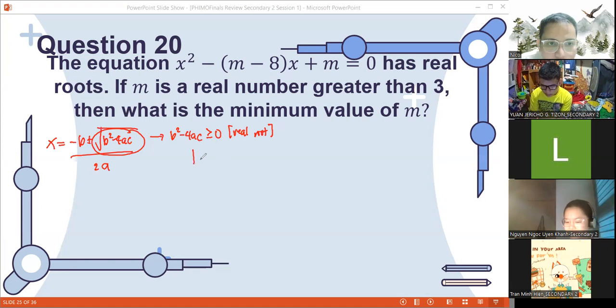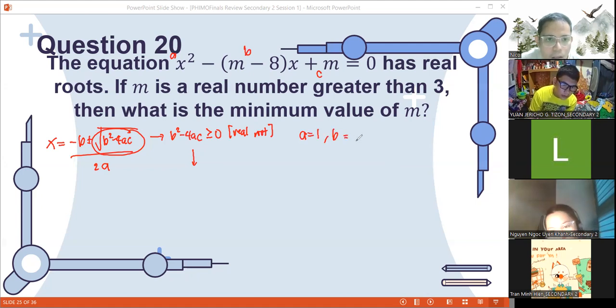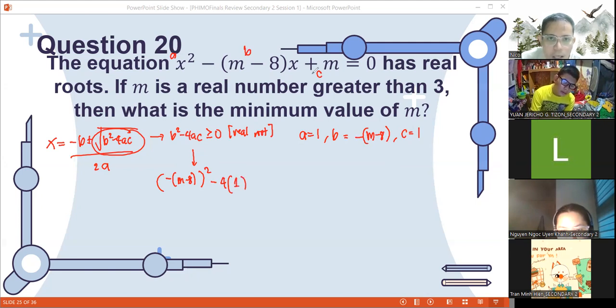Now, let's apply this here. This one is your B, this one is your A, and this one is your C. Okay, so A here is equal to 1, B here is equal to negative (m minus 8), and C is equal to m, right? So following b squared, it's just going to be the negative of (m minus 8) squared minus 4 times a, which is 1, times c, which is m.